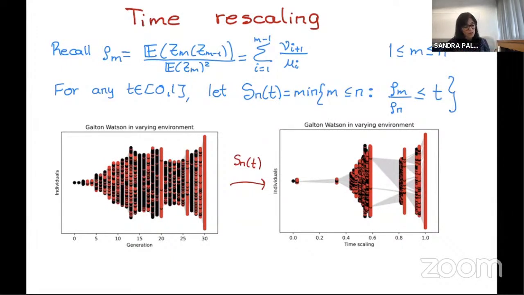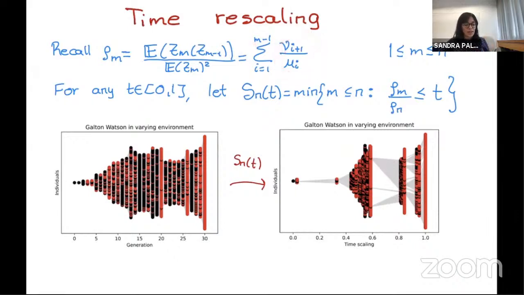Instead of working with generations 0 to n, we are going to work with points in [0,1]. How are we going to perform this time rescaling? Well, remember that we defined rho_m as the second factorial moment of generation m, given by this sum from i equal to 1 up to m minus 1 of this fraction.